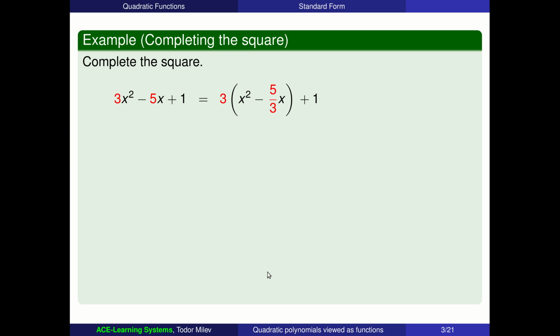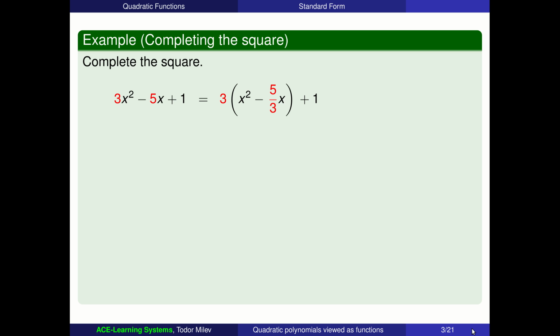Now you're going to say, well, how did I know to put 5/3 there? What I did was simply I took, say the number 5 is the number A, number 3 is the number B, and what you see here is A over B. So you always take the coefficient in front of x, and the coefficient in front of x squared, and you divide the two numbers, and you get 5/3.